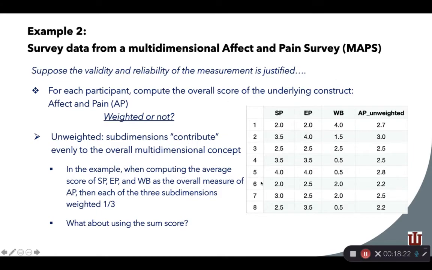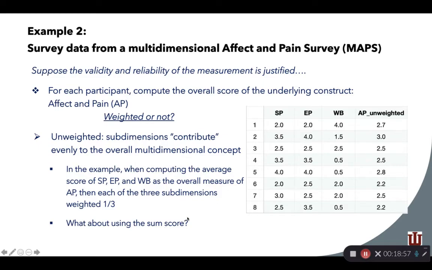So for example, if we're computing the average score, each subdimension will be weighted a third in the overall measure. So if we compute the average score of these subdimensions as the overall measure of affect and pain, each of the 3 dimensions actually has an even weight.